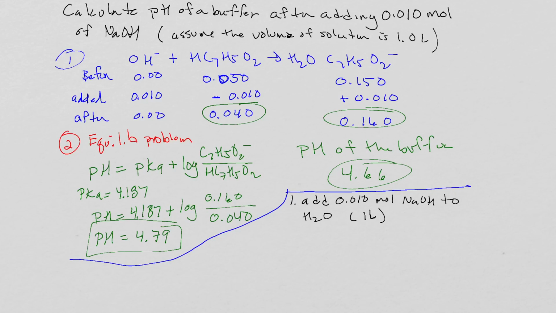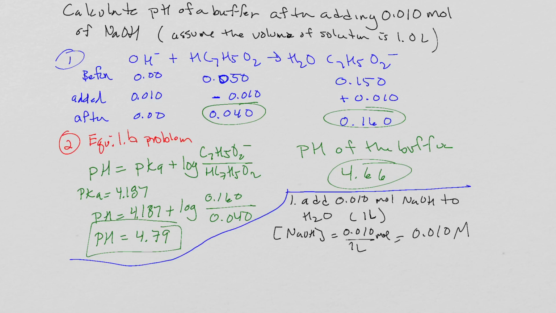Well, in this case, the molarity of the NaOH is 0.01 divided by 1 liter, which equals 0.01 molar.